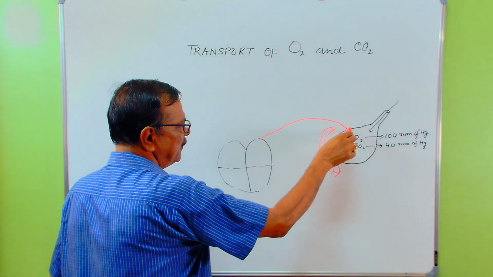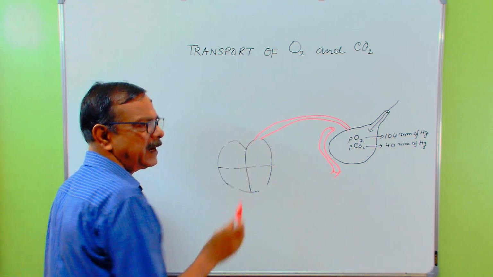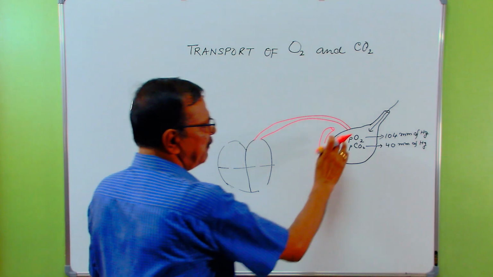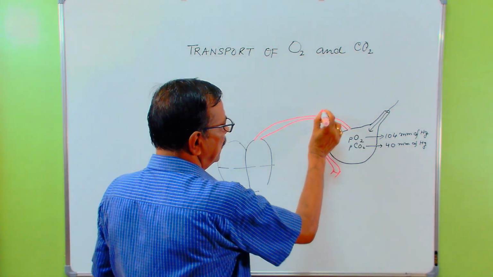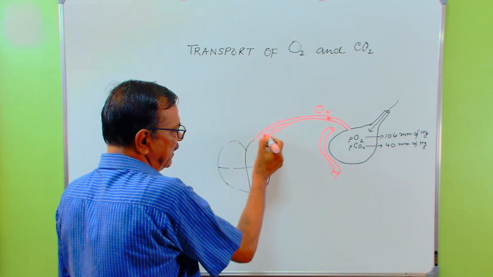This vein we know, this vein is known as pulmonary vein. It comes from the lungs and fully loaded with oxygen. So I am writing it in red.